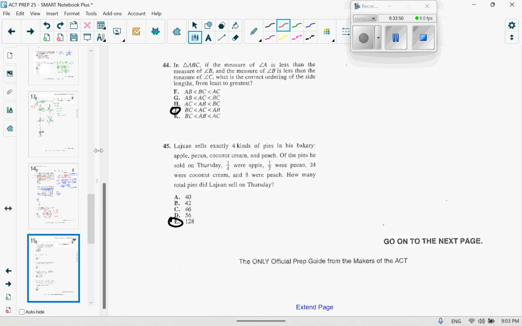Okay. Angle A is less than angle B, which is less than angle C. If I were to just draw this really quickly, A, B, C. Now the thing that's interesting is sides and angles are proportional.